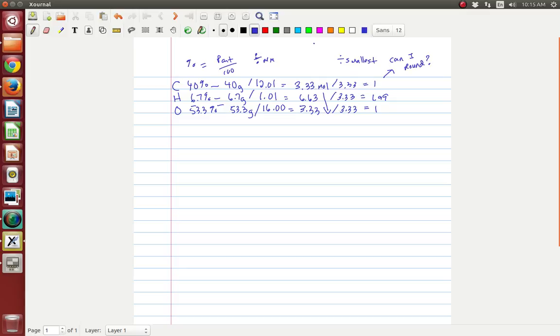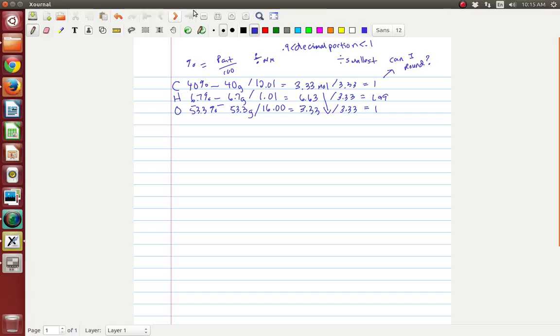Remember, I gave you a no rounding zone. So if the decimal portion is between 0.9 and 0.1, or wait, did I get that right? No, I did it the wrong way.